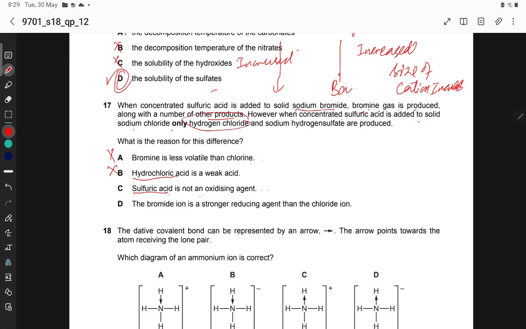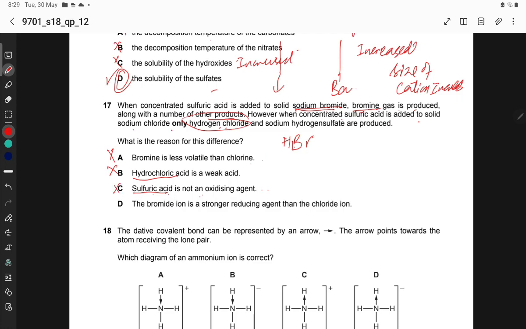But hydrogen chloride is a weaker reducing agent, so it is not further oxidized. But hydrogen bromide is a stronger reducing agent than chloride, so it is further oxidized to form bromine gas and other products. So this is also incorrect.